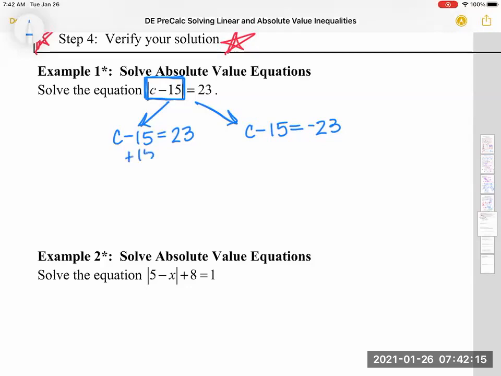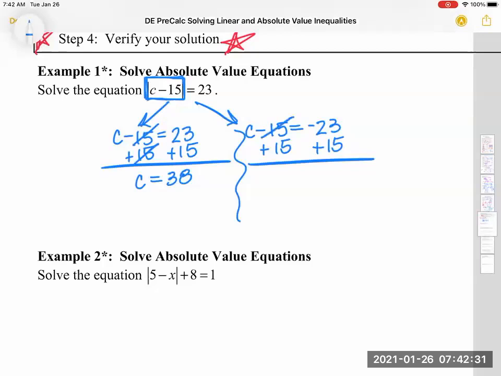So you're going to add 15. 23 plus 15 is 38. And then you want to add 15 on the other side. So c equals negative 8.